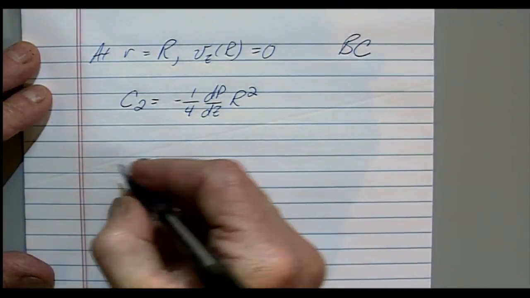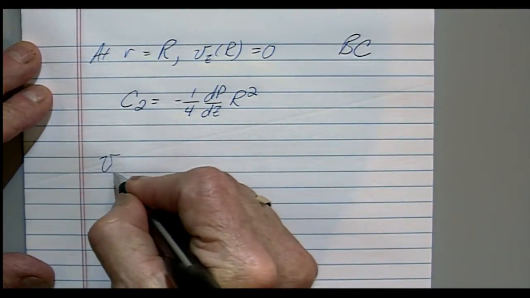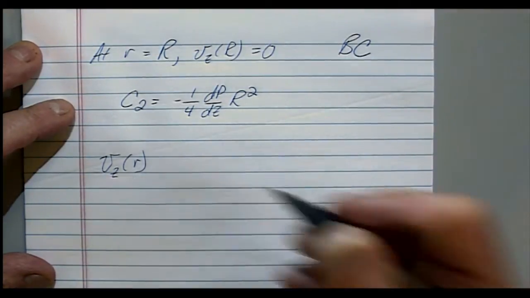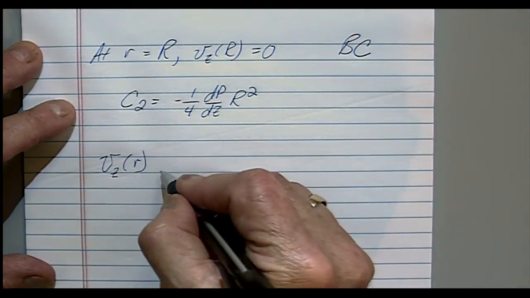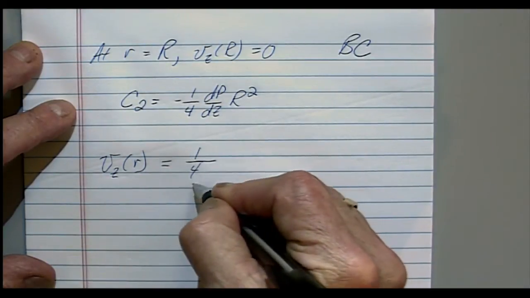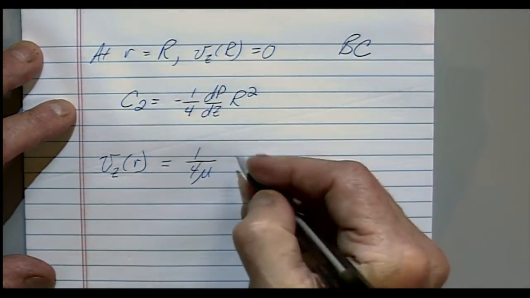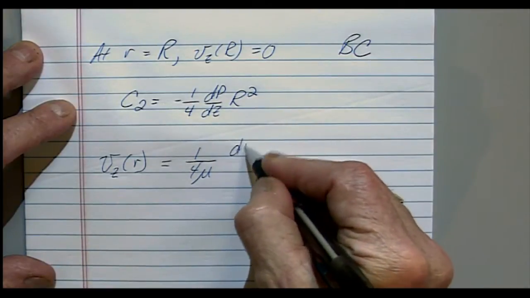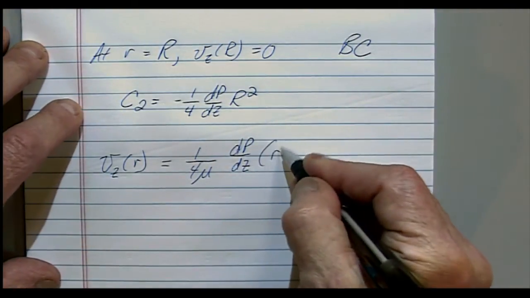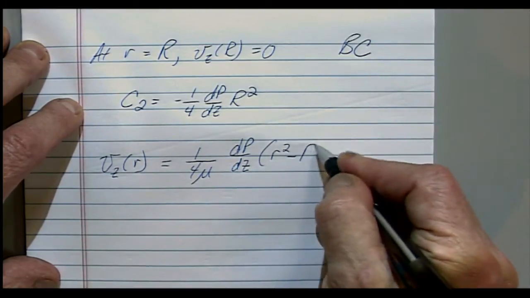And so we can plug that back into our velocity expression, and we have the velocity in the z direction as a function of radial position equal to 1/4 times the viscosity times the pressure gradient, dP/dz, times (little r squared minus capital R squared).